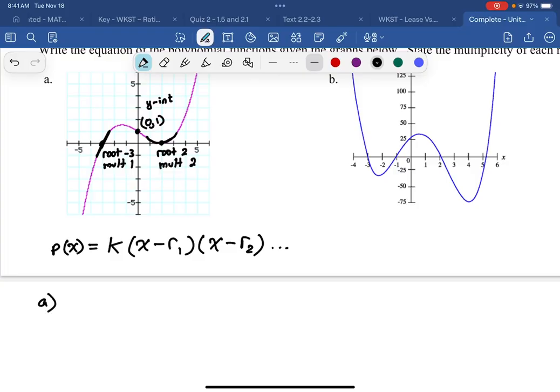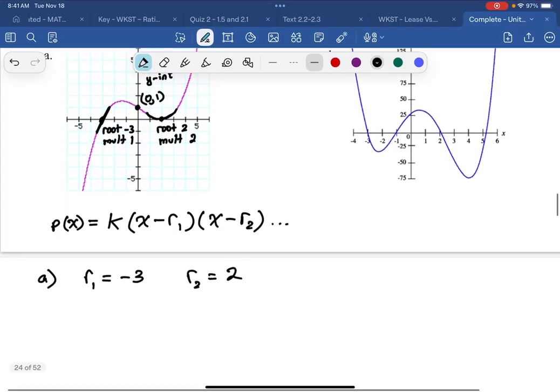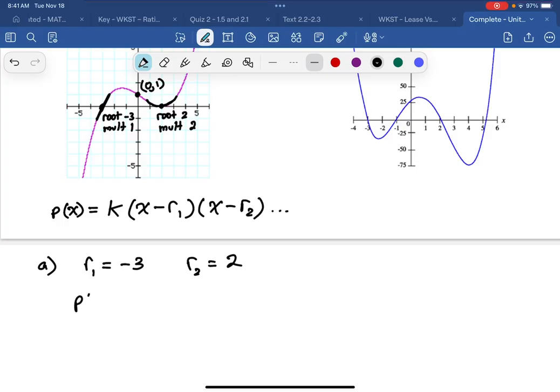So for A, before I even get to p of x, I'm going to say my first root, r1, is equal to -3. My second root, r2, is equal to a positive 2. P of x, there's only those two roots, so p of x is going to be equal to k times x minus -3, because the minus is built into the formula, then x minus 2.